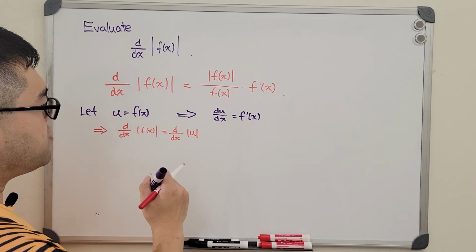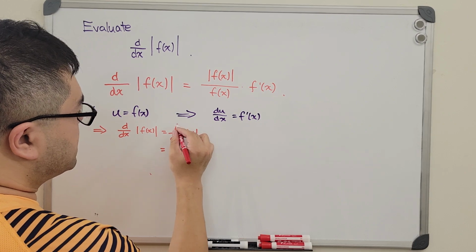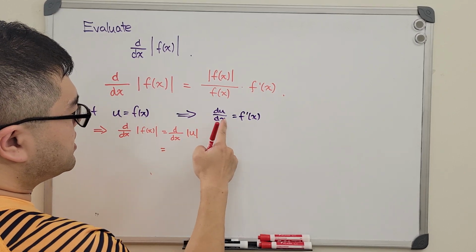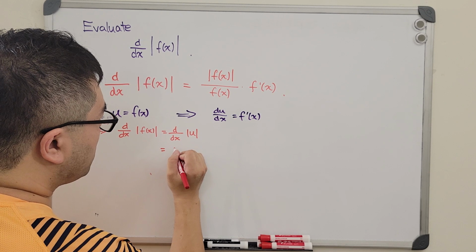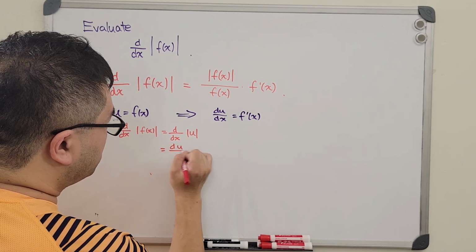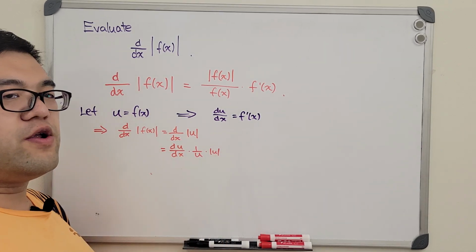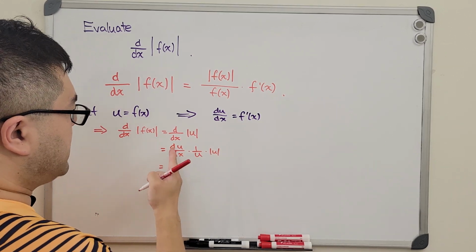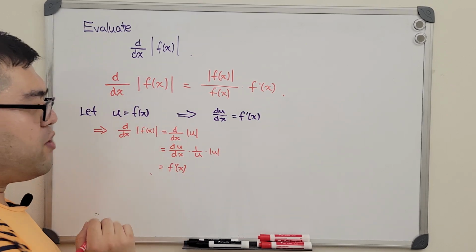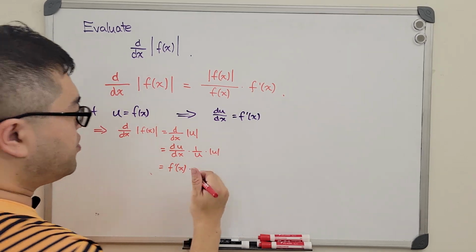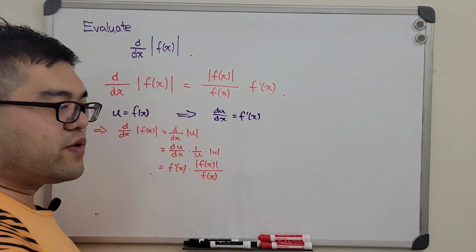So as we try to do that, we have d over dx, and we can rearrange it as d over du times du over dx, which gives us f prime of x times the absolute value of u over u here, which again is just f of x with the absolute value over f of x without the absolute value.